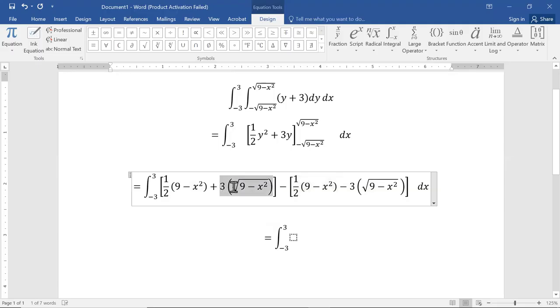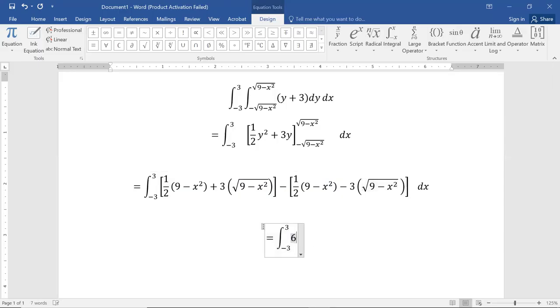When you take a 3 times the square root, this is minus a negative 3 times the same square root. So we're essentially taking 3 plus 3 times this square root. That's going to give me 6 times the square root of 9 minus x squared. And I want to integrate that with respect to x.